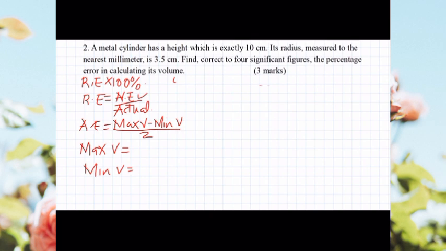When you look at the measurement 3.5, it is measured to 1 decimal place. Since it is measured to 1 decimal place, it means the instrument used had a least count of 0.1.